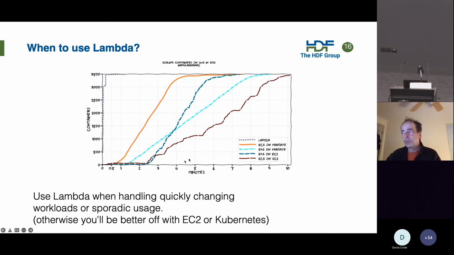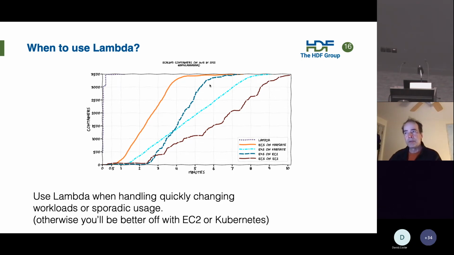With Kubernetes, so EKS is basically Kubernetes on EC2, it takes at least 2 minutes to create your first container. That's just the startup time on the server and so on. And then it ramps up linearly up to 3,000. So 5 minutes doesn't seem long, but if you are having to dynamically respond to, say, user input, that's a long time to ask someone to wait.